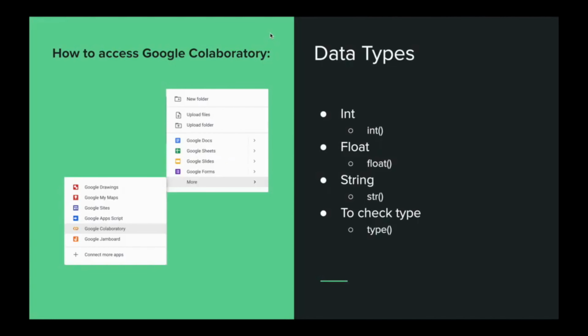Float data type is basically a decimal point value, anything with a decimal point. String data type is denoted with quotation marks. In Python, you can use either single quotes paired up or double quotes paired up, and that's represented with str. And in order to check the type of a certain variable in Python, you can use the command type parentheses, and whatever variable you put in the parentheses, it'll output the type of that variable.